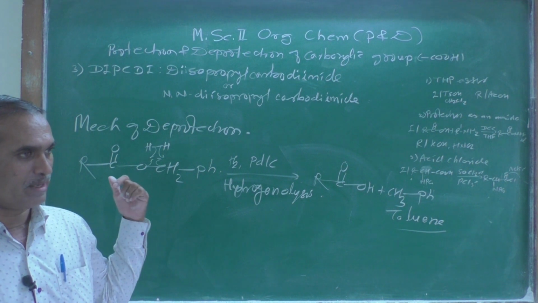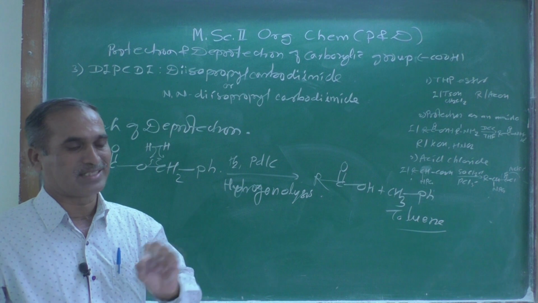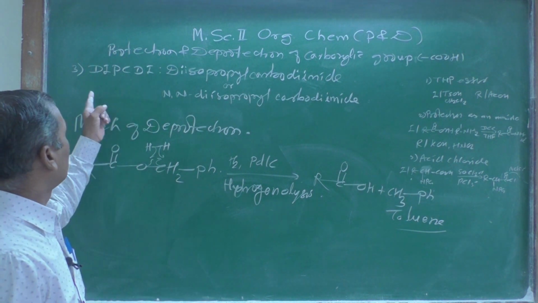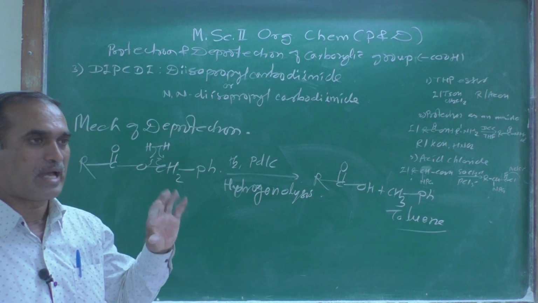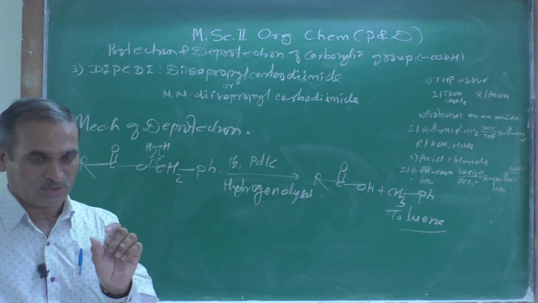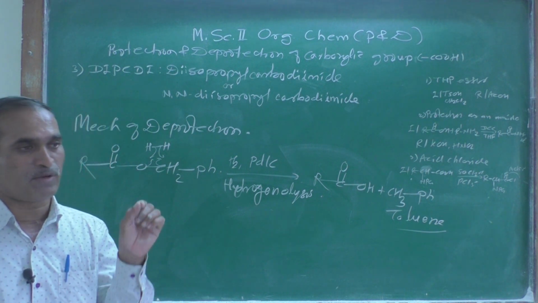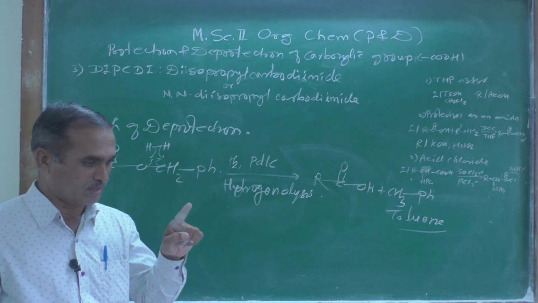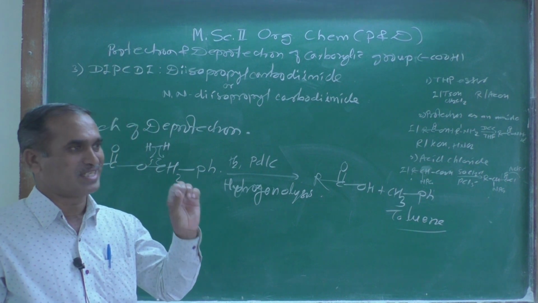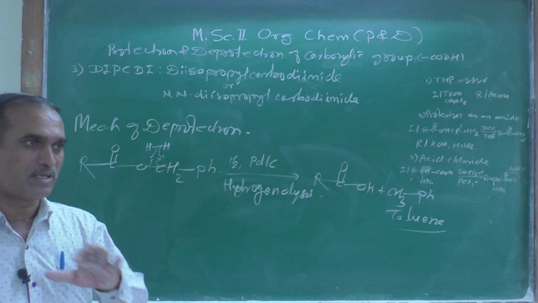One is the azlactone ester, second one is DCC, and third one is DIPC. DIPC you can remember. In short, that is one of the shortest tricks, but the mechanism in the case of DCC as well as DIPC is the same.